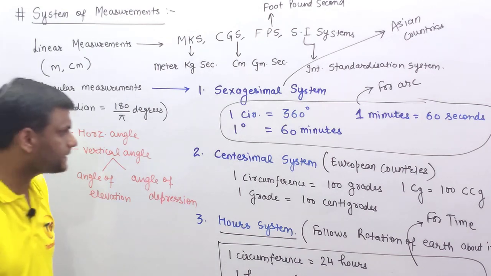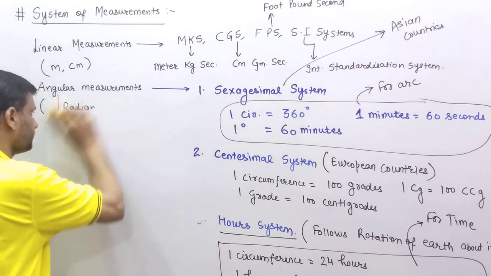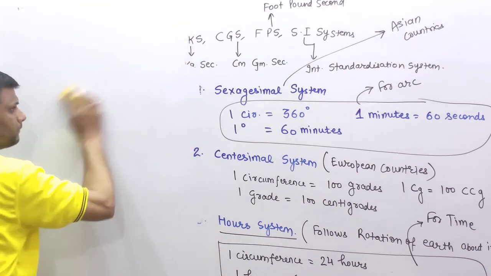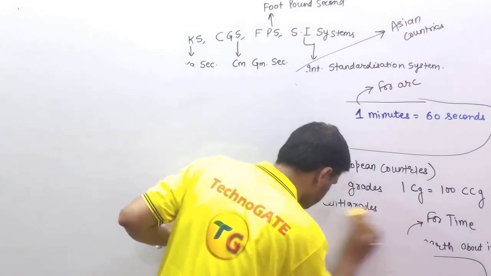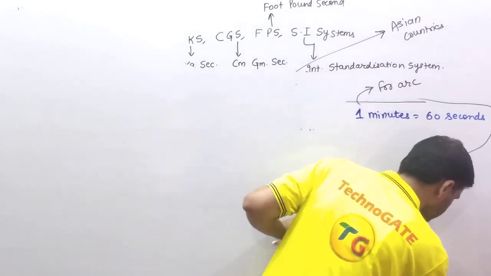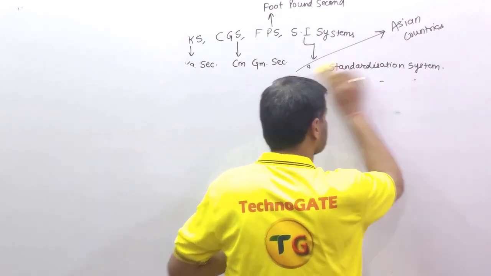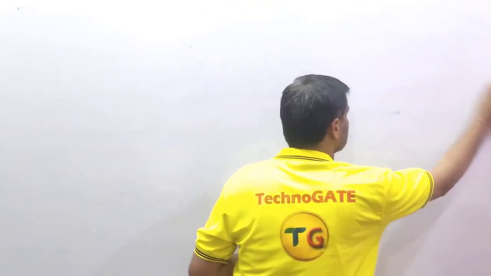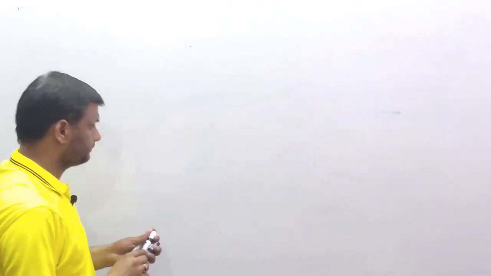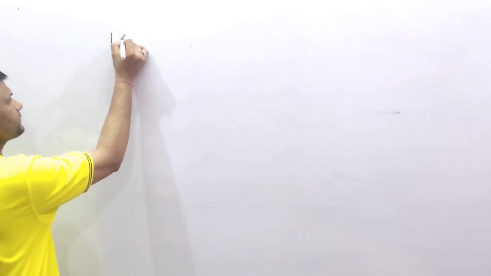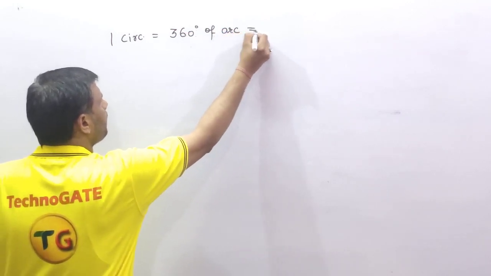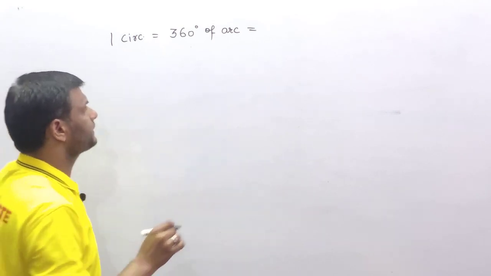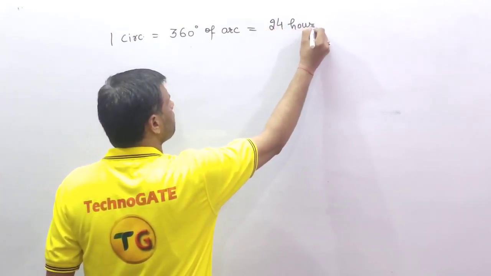So if I establish a relation between both these systems, according to the sexagesimal system, one circumference equals 360 degrees of arc, and according to Haber's system, one circumference equals 24 hours of time.